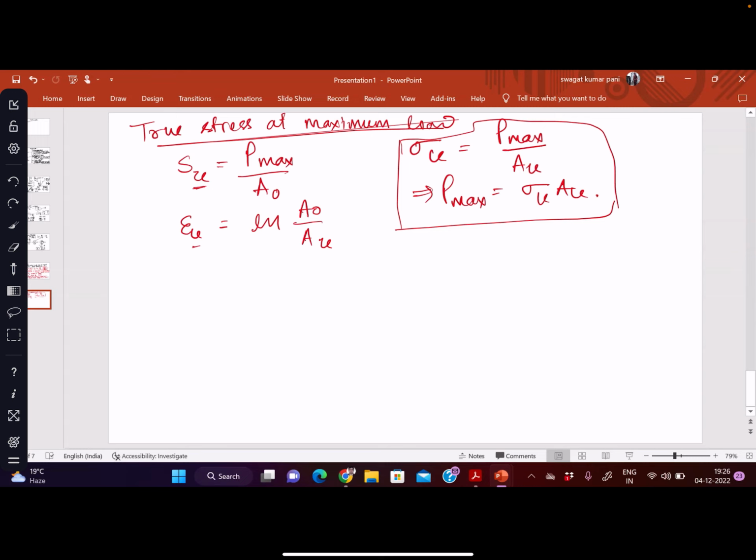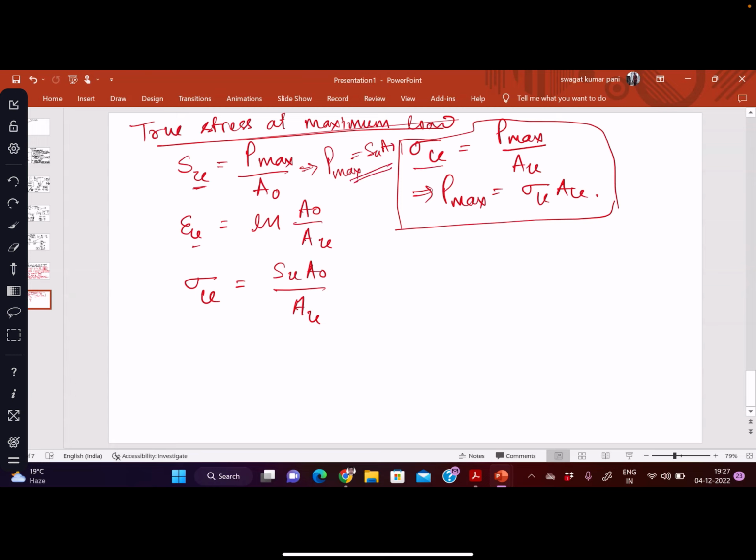So we'll put this here. Here P max implies that P max equals sigma U A0.